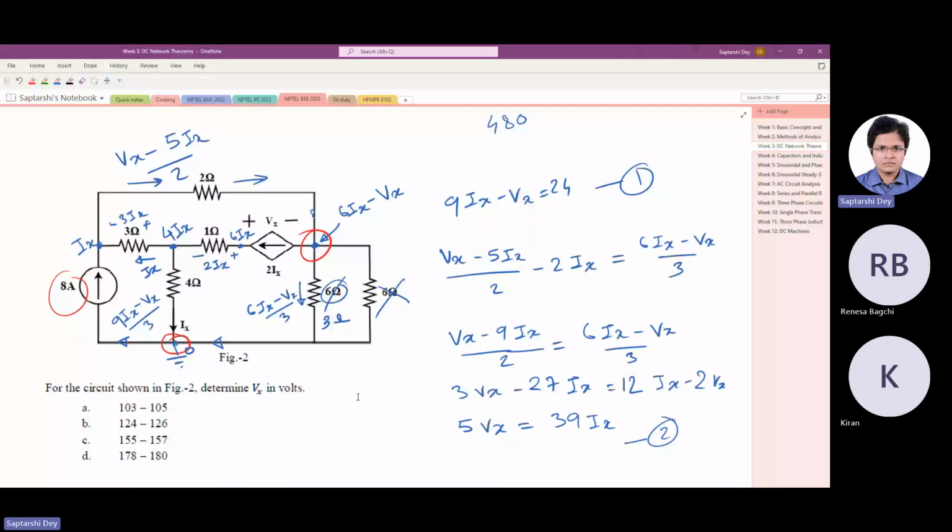Okay, go ahead then. Just do it once again. These things you write, this node voltage and branch currents you write, and apply KCL at 2 points.